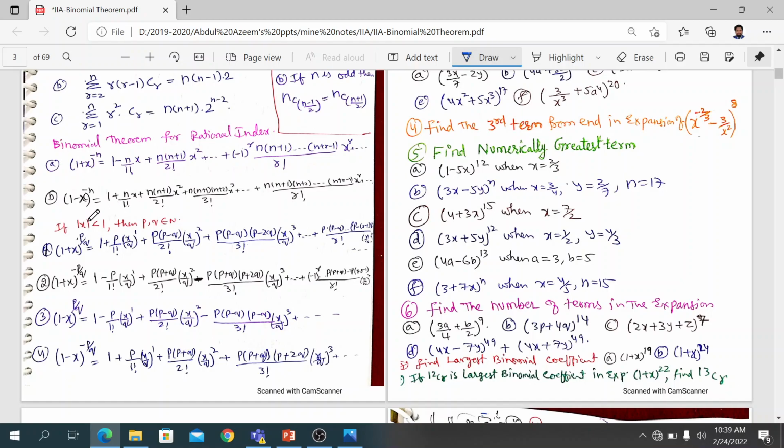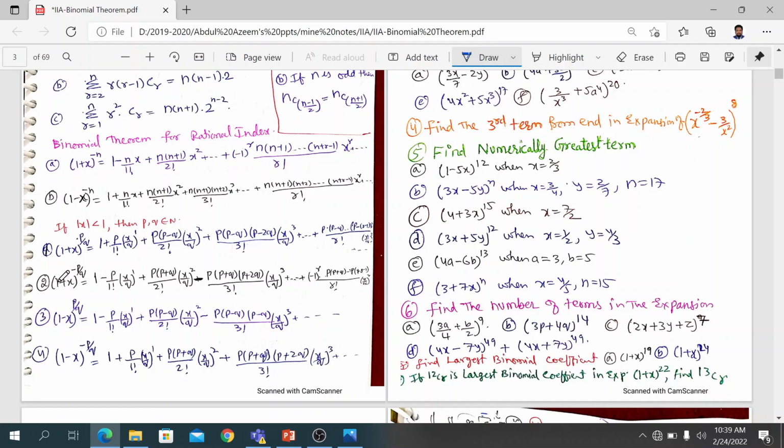And if mod x is less than 1, and p, q belong to natural numbers, so you have 1 plus x power of p by q. Okay, plus is there, positive index, rational power. So 1 plus p by 1 factorial x by q plus p into p minus q by 2 factorial x by q whole square plus p into p minus q into p minus 2q by 3 factorial x by q whole cube.